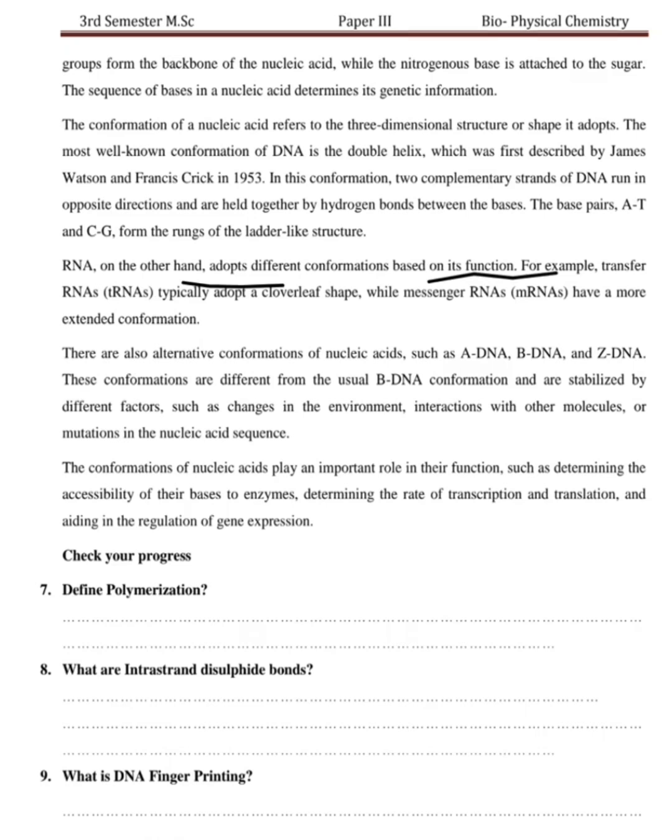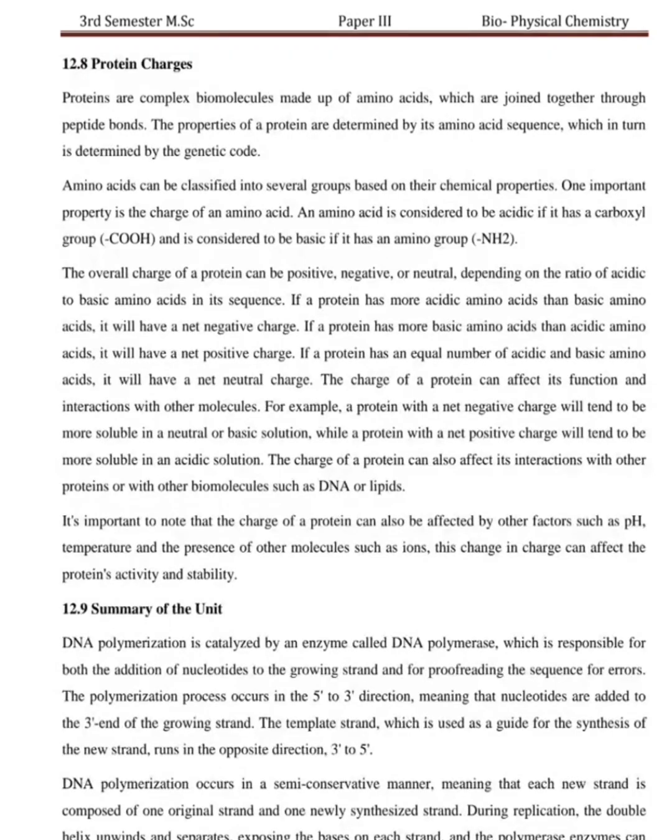Next is the protein charges. Proteins are mainly enzymes and are built from amino acids. A sequence of long chains of amino acids is known as a protein. Proteins are a combination of 21 different amino acids linked together.